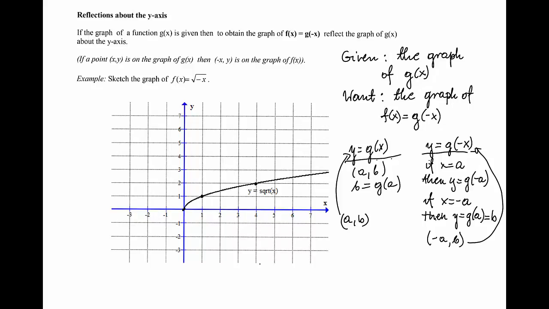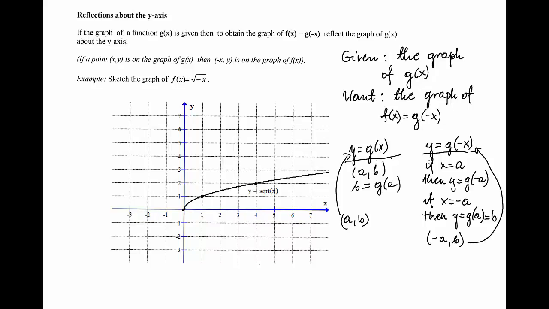The points (a, b) and (negative a, b) are symmetric with respect to the y-axis. So the graphs of g of x and g of negative x are going to be symmetric with respect to the y-axis. Therefore, to obtain the graph of g of negative x, we need to reflect the graph of g of x about the y-axis.